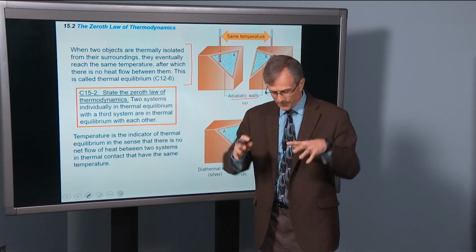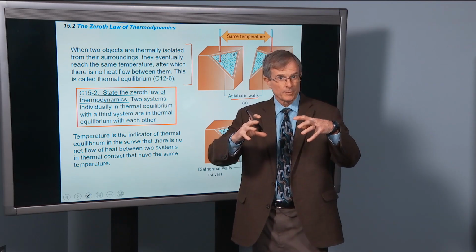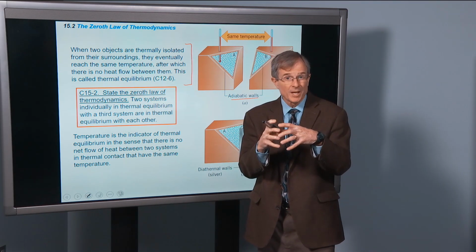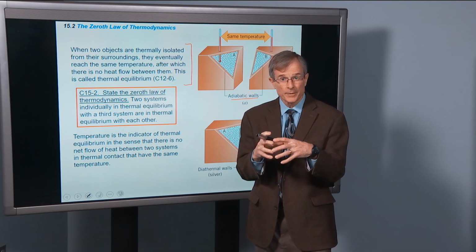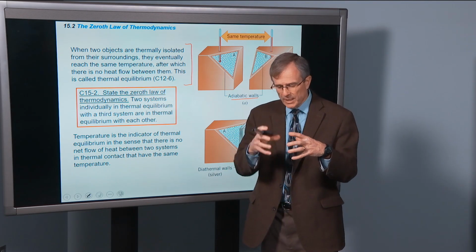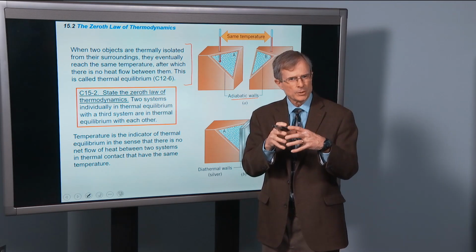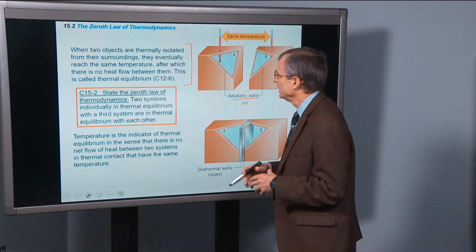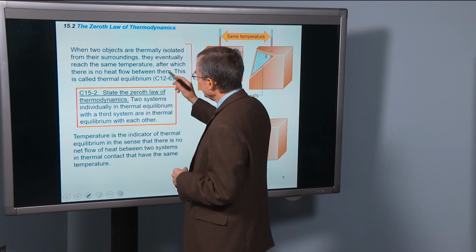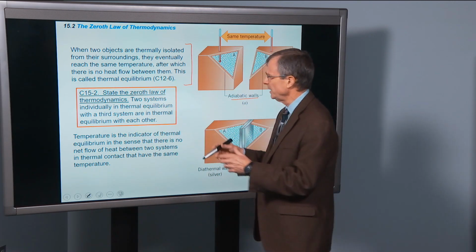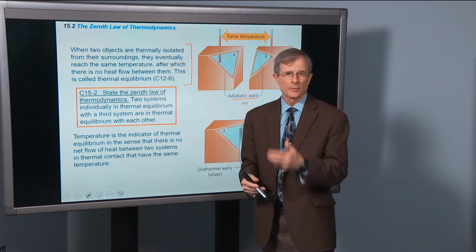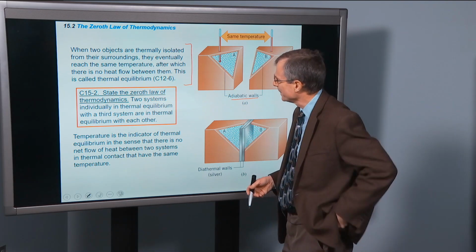Remember, if 2 objects are isolated from their surroundings but are in thermal contact with each other, then the heat will flow from the hot to the cold object, and they'll eventually reach the same temperature. So afterwards, there's no heat flow between them, and that's what we called thermal equilibrium in Chapter 12.